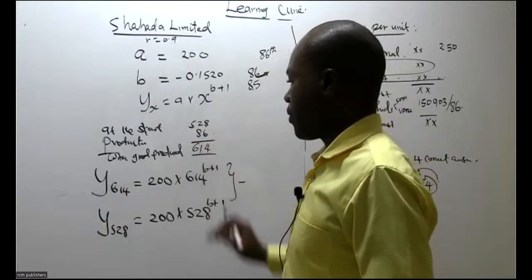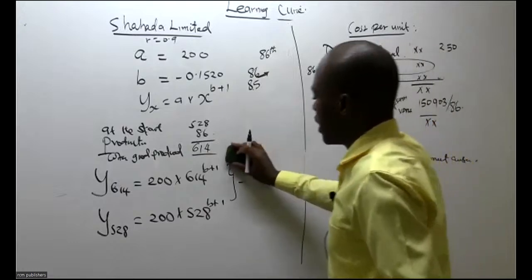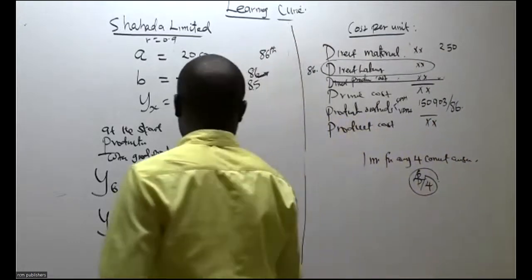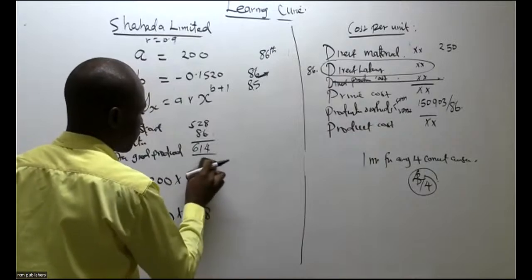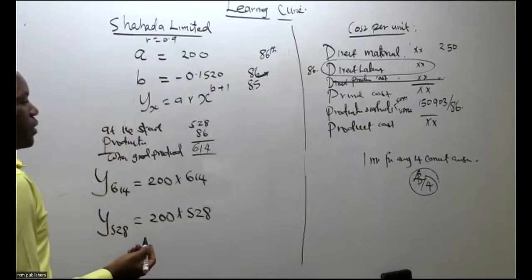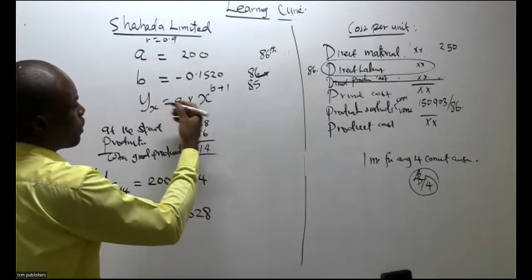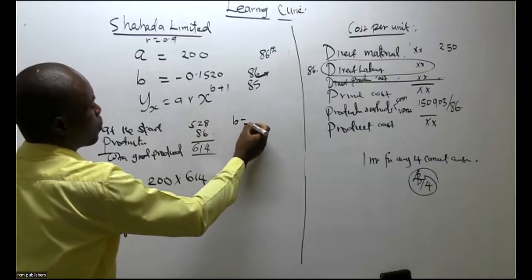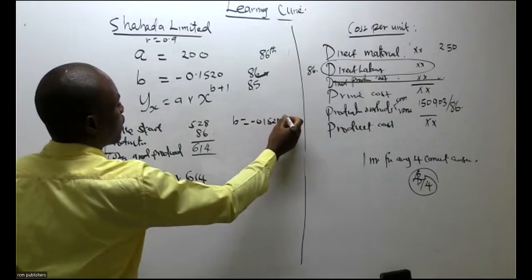So I want you to go ahead now and help me get those figures. Here, I know very well that b was already calculated up there. b is equal to negative 0.1520, but we have said it is b plus 1.